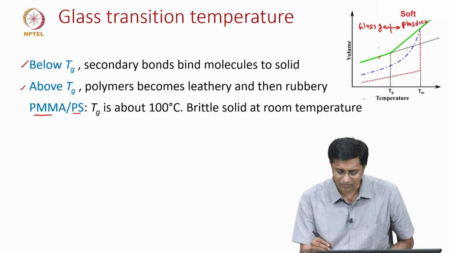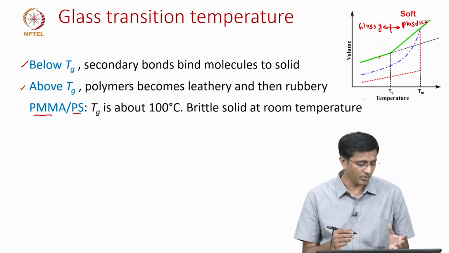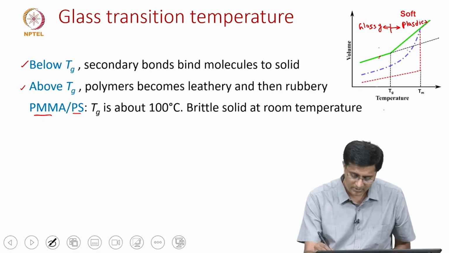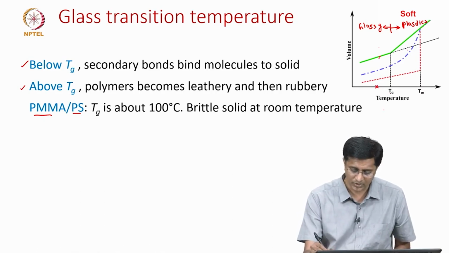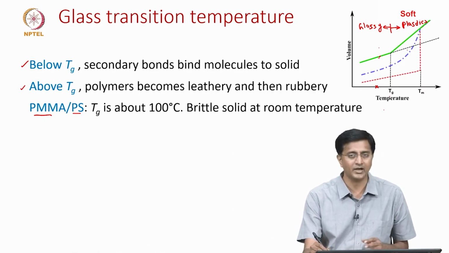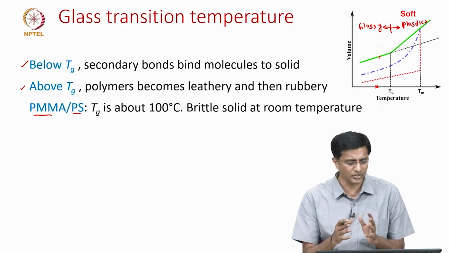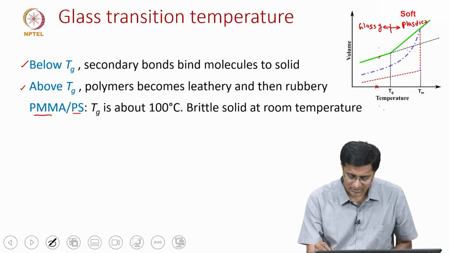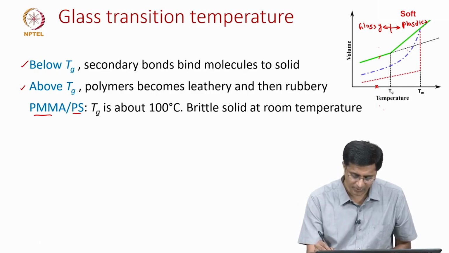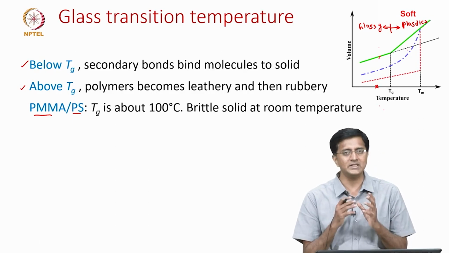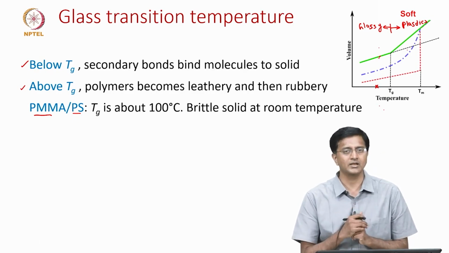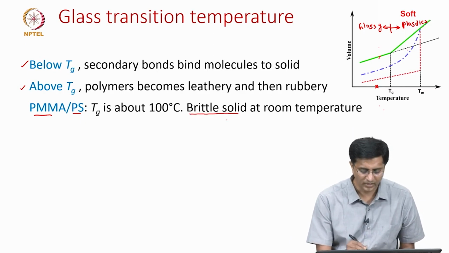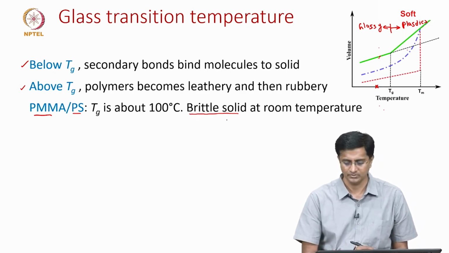In this graph, where do you think the PMMA is at room temperature? The room temperature will be somewhere here, because the Tg is already at 100 and room temperature is around 25 degrees centigrade. Since PMMA at room temperature is somewhere here, we see the glassy state, which means a brittle solid at room temperature.